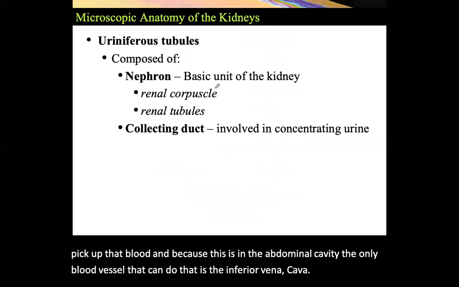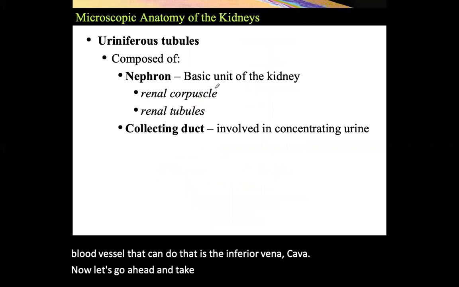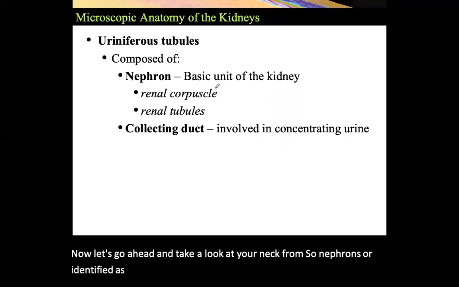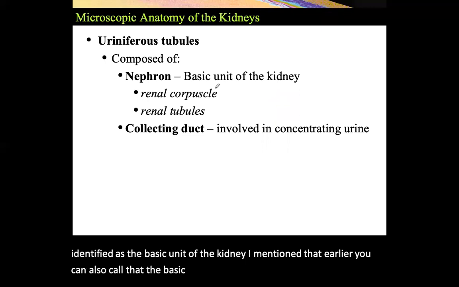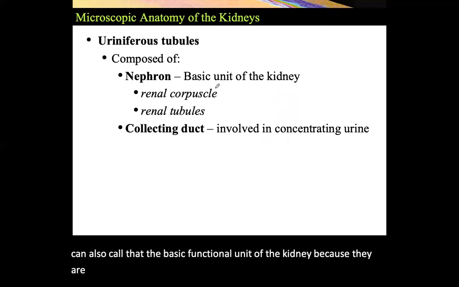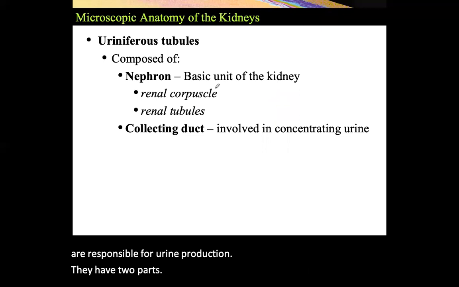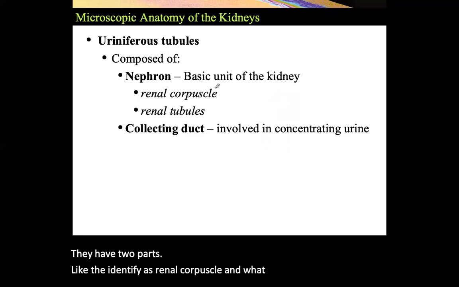Now, let's go ahead and take a look at your nephron. So nephrons are identified as the basic unit of the kidney. I mentioned that earlier. You can also call that the basic functional unit of the kidney because they are responsible for urine production. They have two parts, what we identify as renal corpuscle and what we identify as renal tubules.